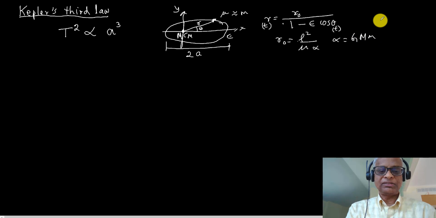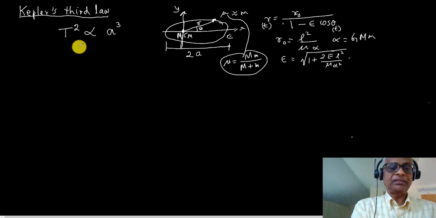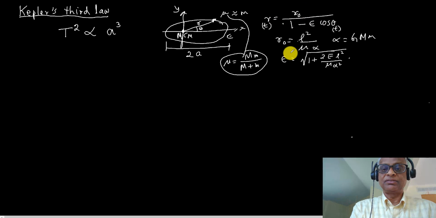So that's one relationship. And epsilon is another relationship. I looked it up, and epsilon is this. So how do I get this from these considerations?